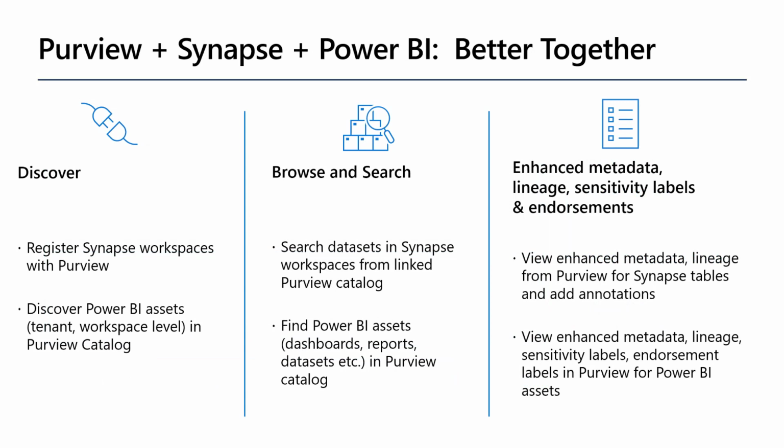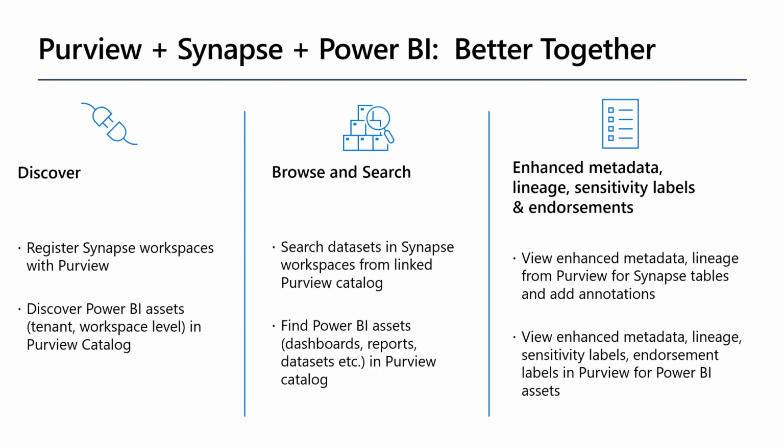Another important thing to look at here is how the technologies work together. We've really talked about Synapse. Well, if we look at the combination of Purview plus Synapse plus Power BI, which we haven't talked about yet, how do we leverage the Purview platform to get more value out of these two other technologies? We really look at this across three pillars: discover, browse and search, and then enhanced metadata.